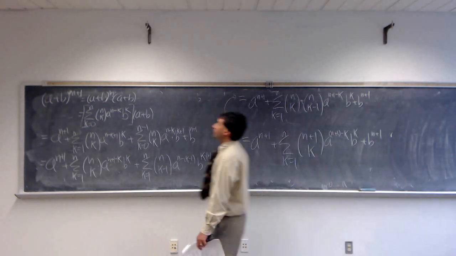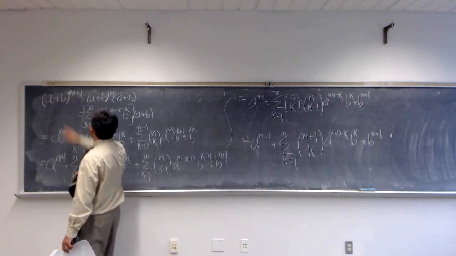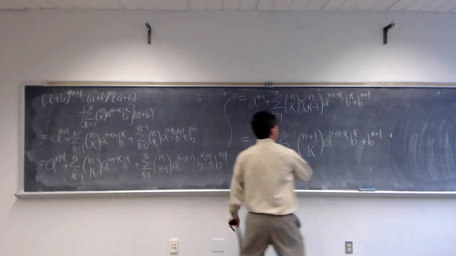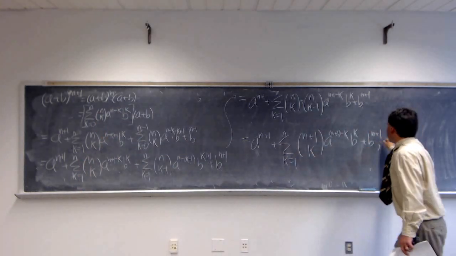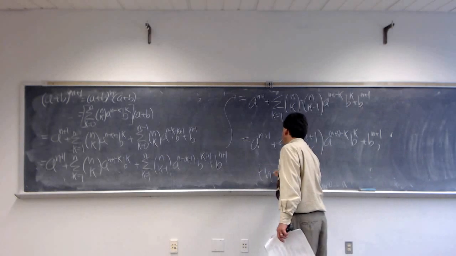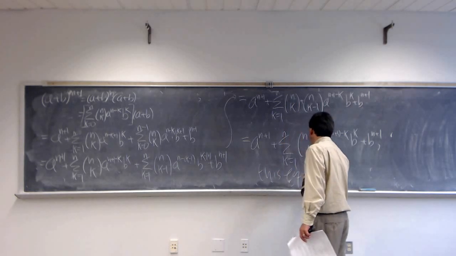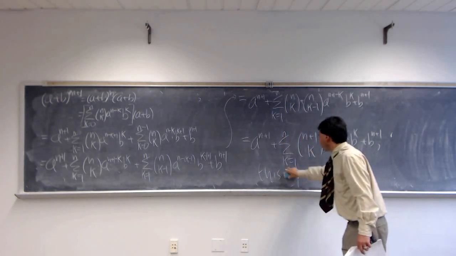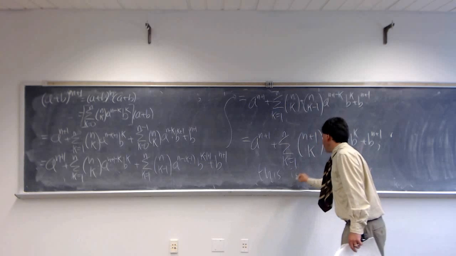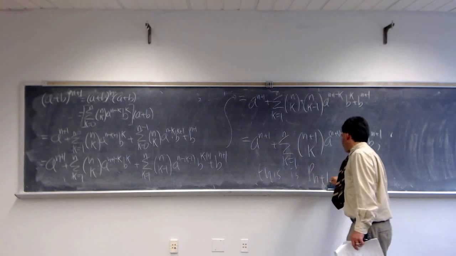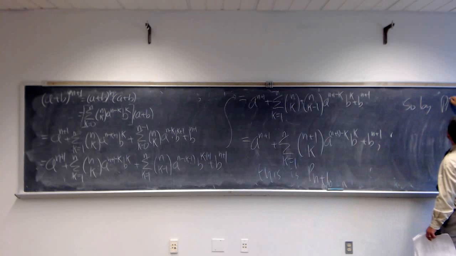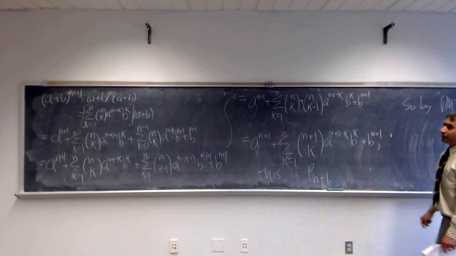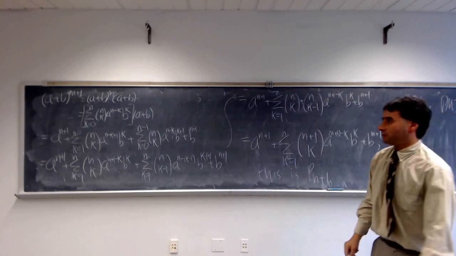So what have we done? We started with (a+b)^(n+1), and we've shown it is equal to this. This is P(n+1). So by the principle of mathematical induction, we've done a basis case.